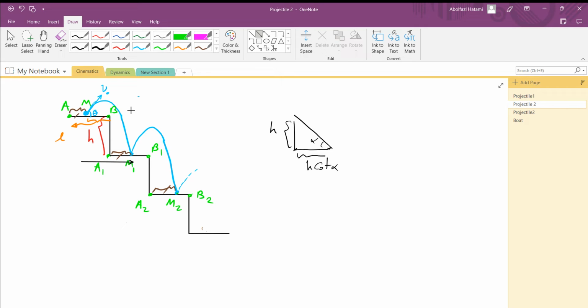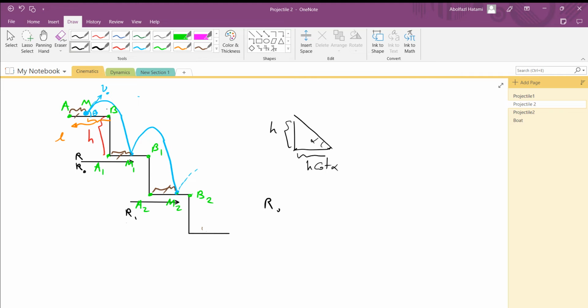Let me call it r. What is the relation between r and these? Let me call this R0, meaning after the shot, before the first collision. It is R1 after the first collision, and R2, and so on.